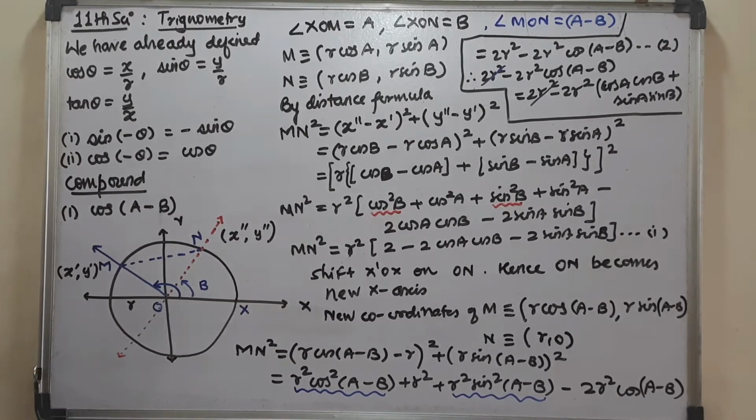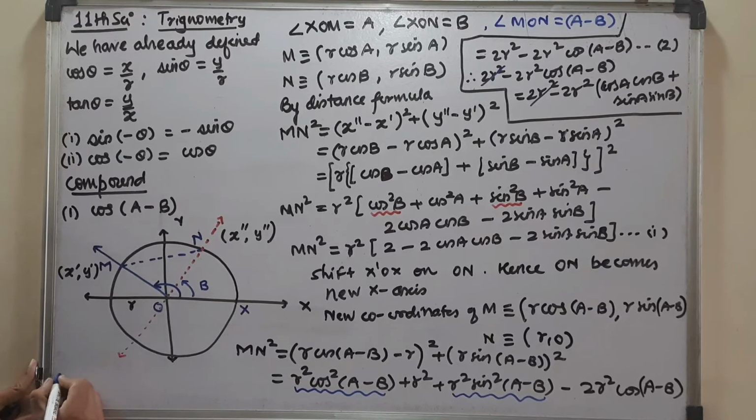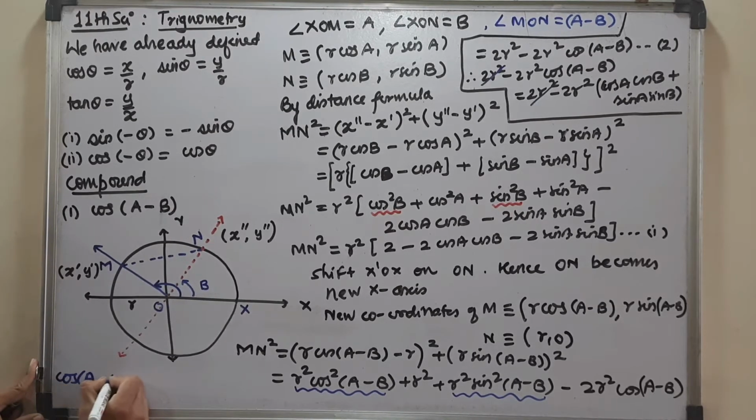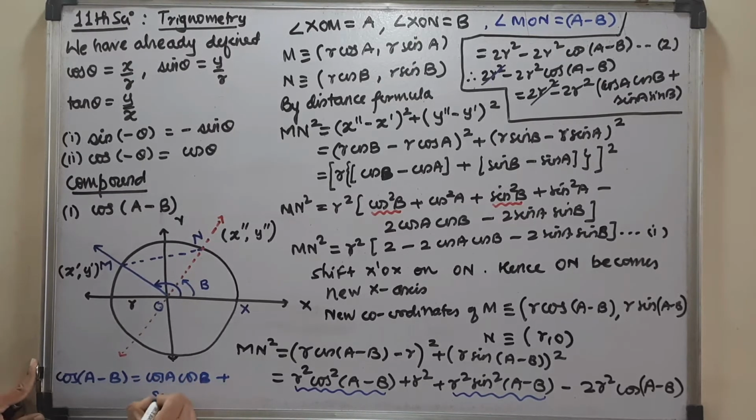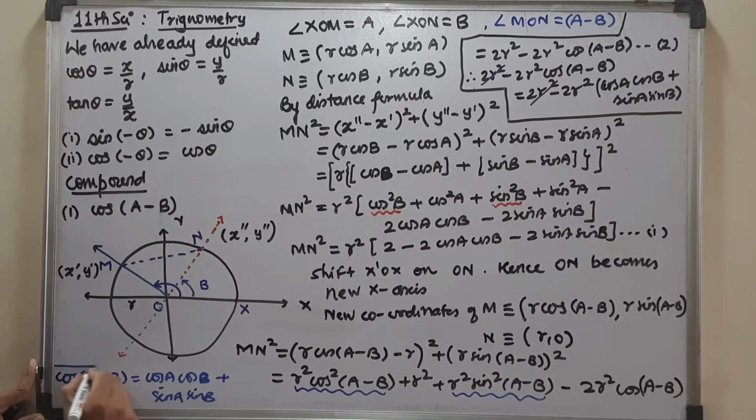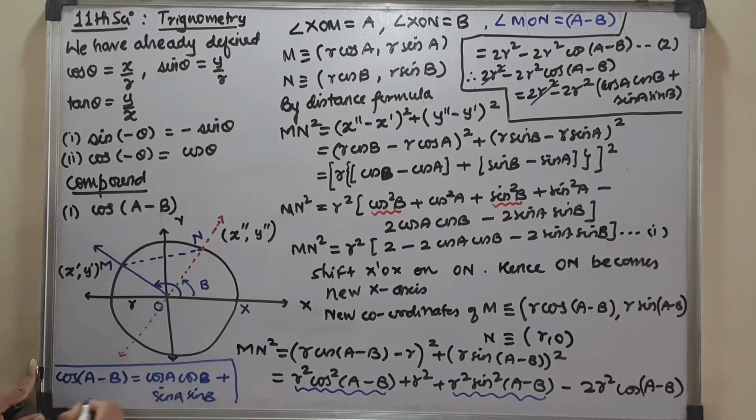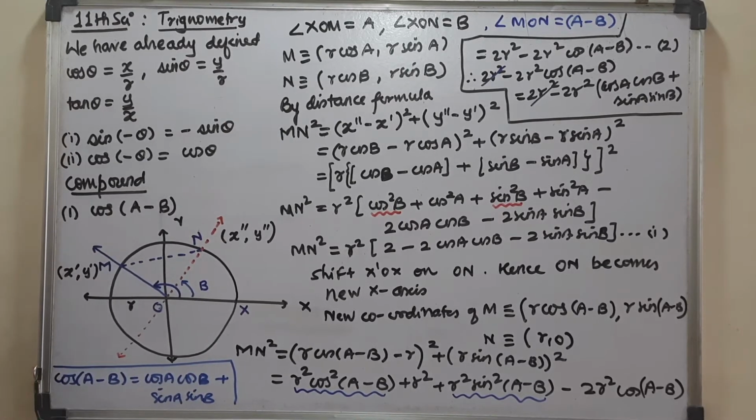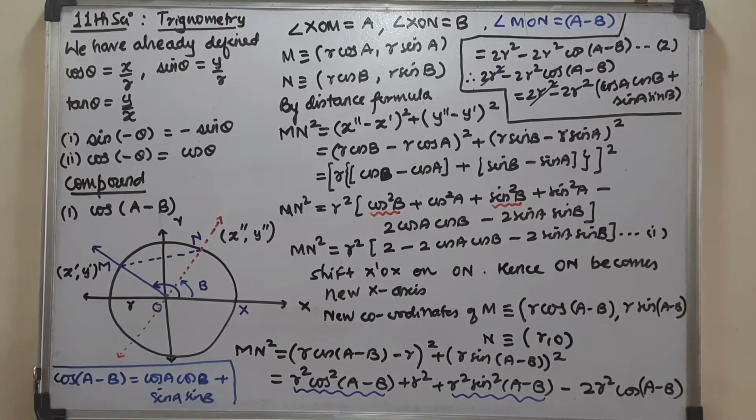So that formula I am writing here, that cos a minus b is equal to cos a cos b plus sin a sin b. Okay, once I make a box, you have to write that formula in a small book.